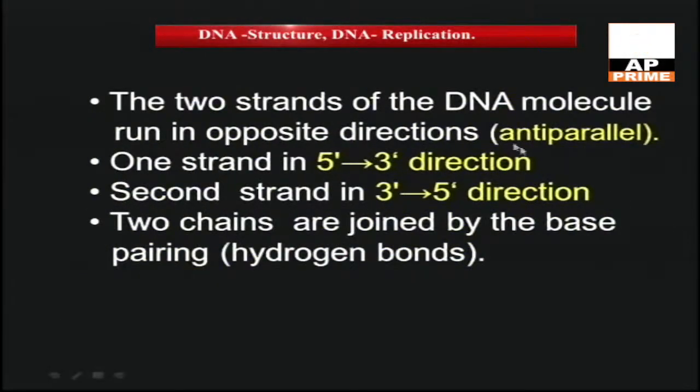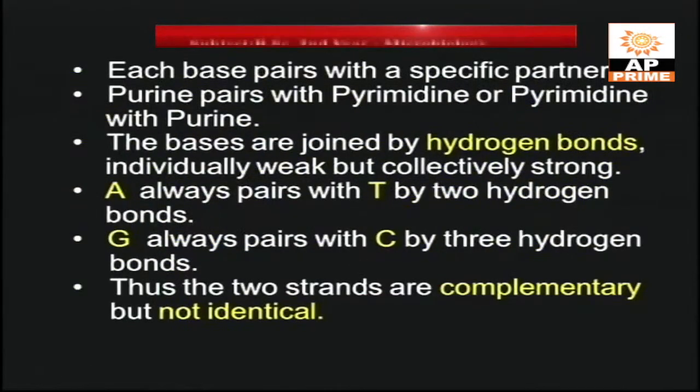The two strands of the DNA molecule run in opposite directions. That means they are antiparallel. One strand runs in 5' to 3' direction, the second strand in 3' to 5' direction, and the two strands are held together by hydrogen bonds that are formed by complementary base pairs. The base pairing in DNA is very specific.